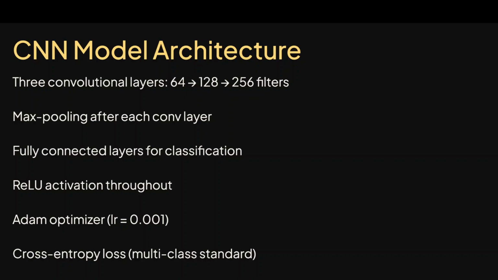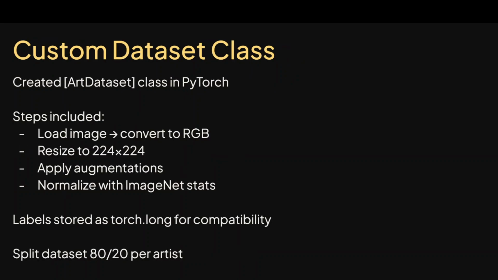We applied ReLU activation across all layers to introduce nonlinearity, and the model was trained using the Adam optimizer with a learning rate of 0.001 and a cross-entropy loss function, all of which is also standard for multi-class classification tasks. Training was conducted using a batch size of 32 for 15 epochs, which took exceedingly long to process.